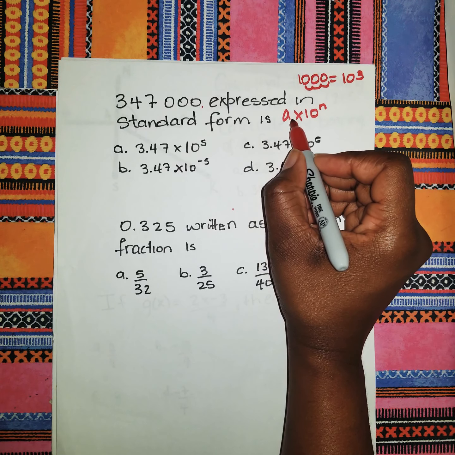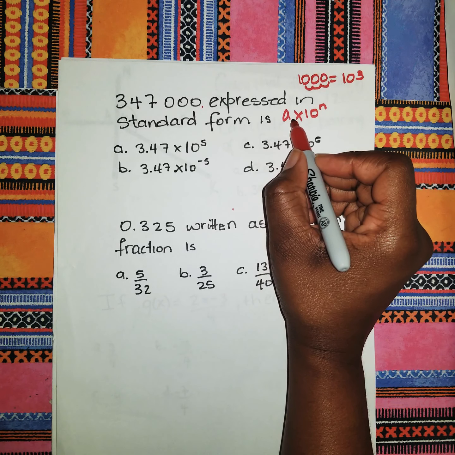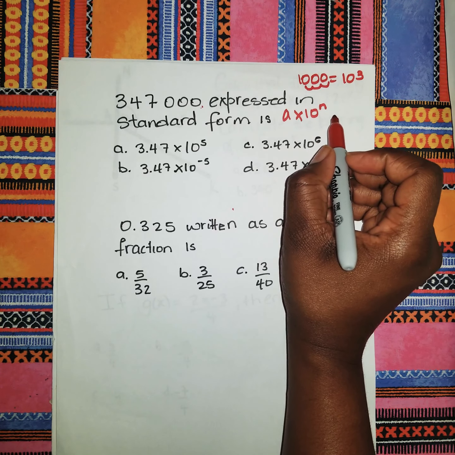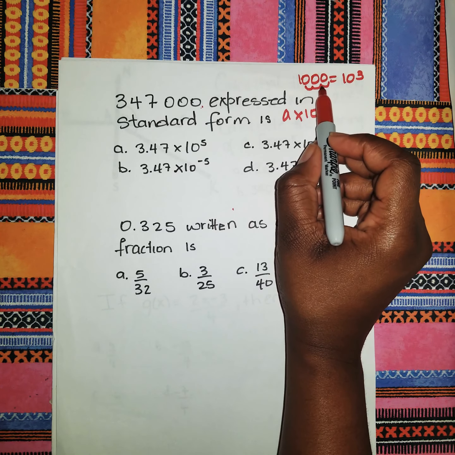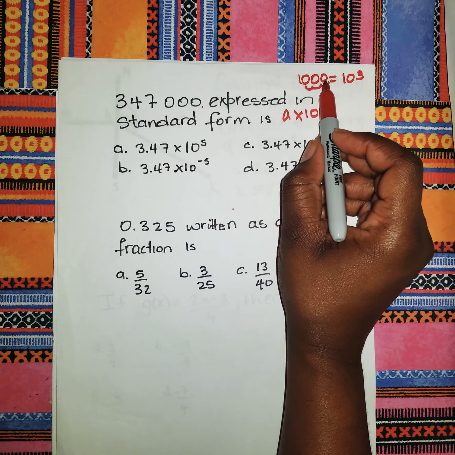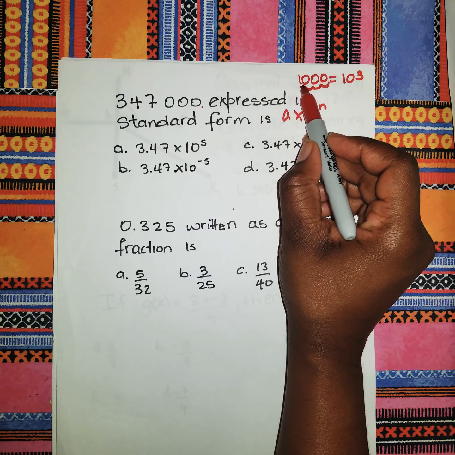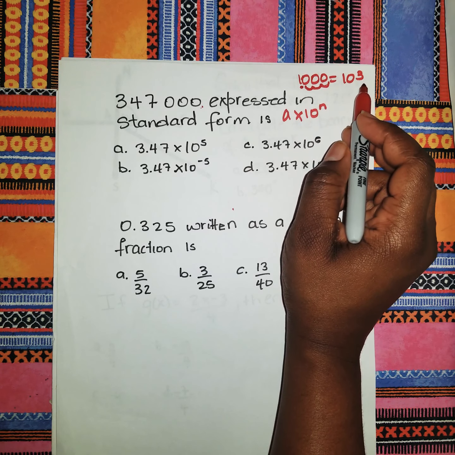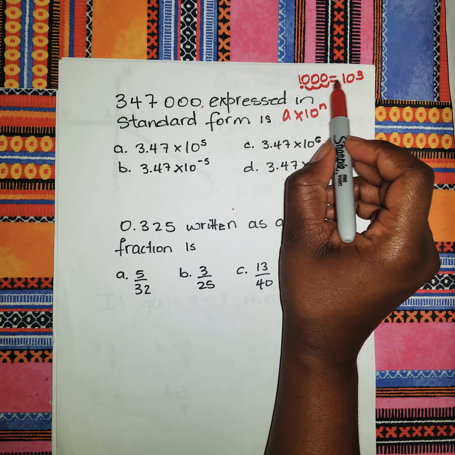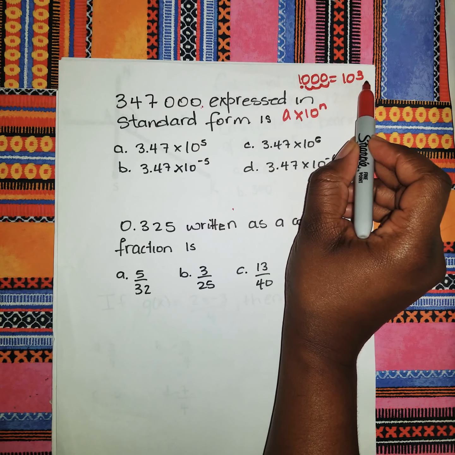So the number has to be greater than or equal to 1 and less than 10. If we can recall, a thousand is a whole number and the decimal point is at the right hand side. And so we move 3 places to get to the first number that is greater than or equal to 1, and so 1,000 is equal to 10 to the third power.